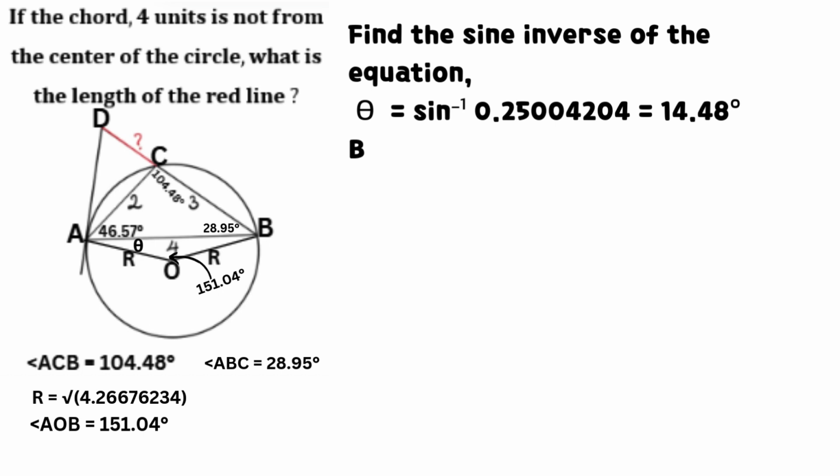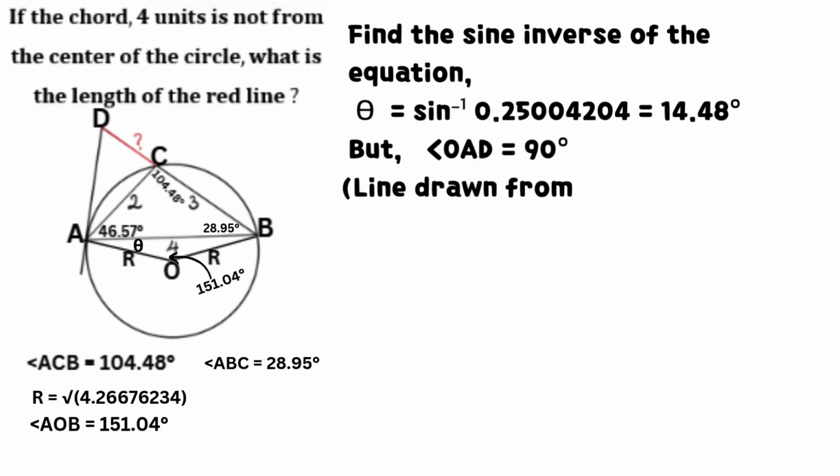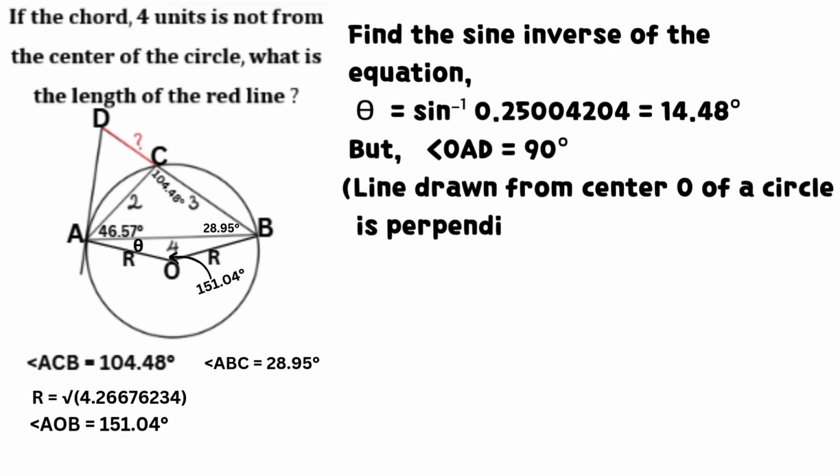Theta equals the sine inverse of 0.25004204, which equals 14.48 degrees. But angle OAD equals 90 degrees. It is because a line drawn from center O of a circle is perpendicular to the tangent line at the point of tangency.